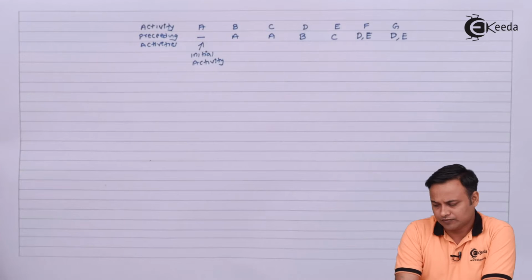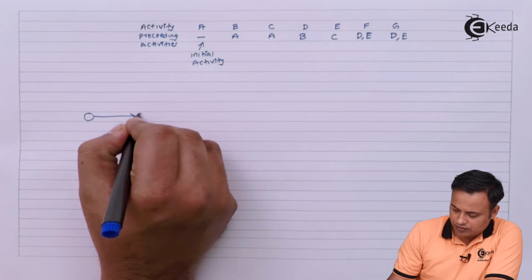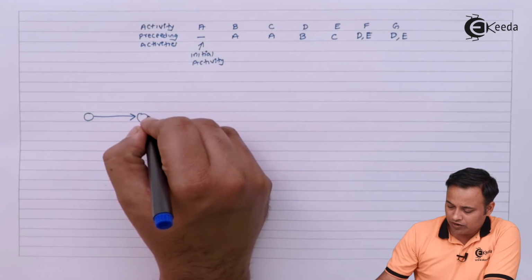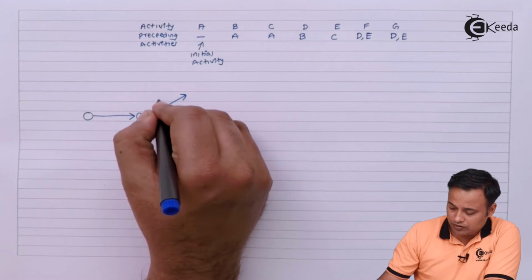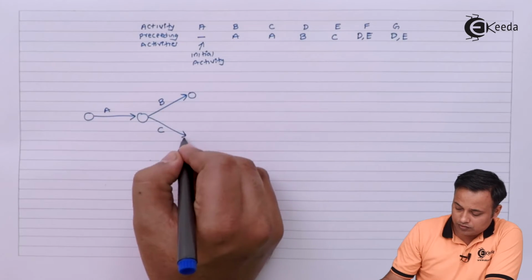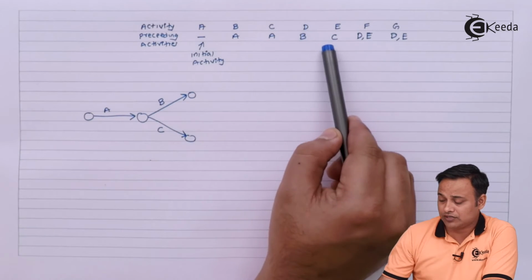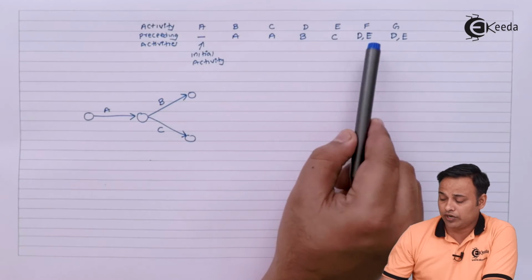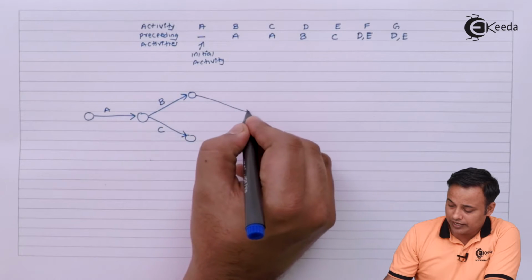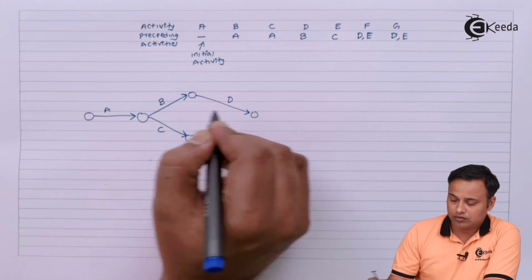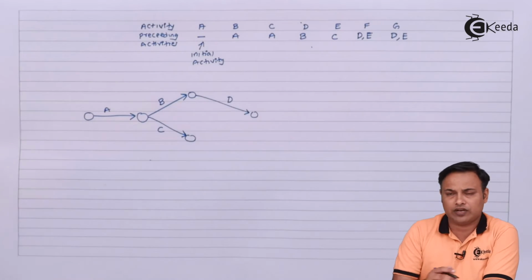Let's first draw this much. So this is my A. After A we have B and we have C. Now the next thing is, after B we have D, after C we have E, and we also need to join D and E. B precedes D or D will follow B. That is what we are doing.